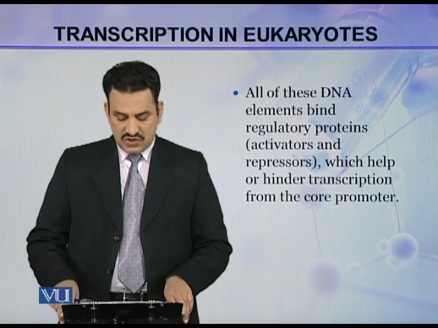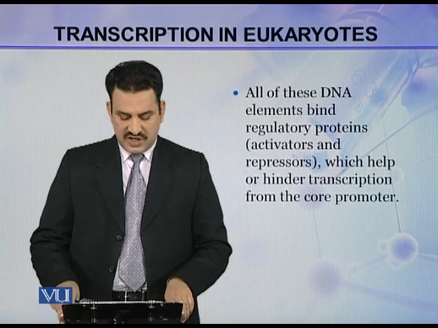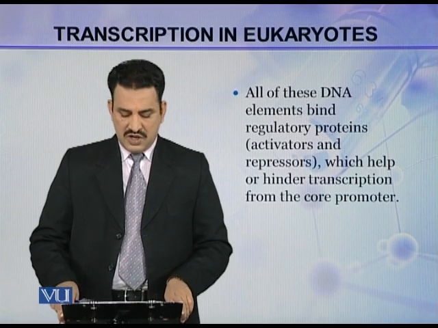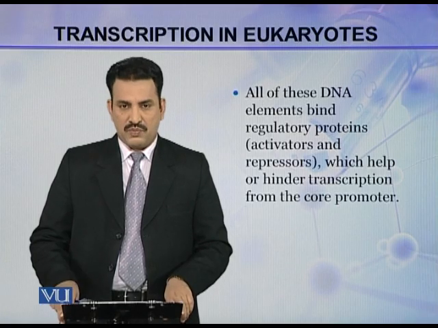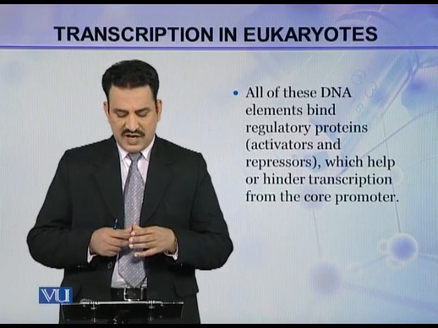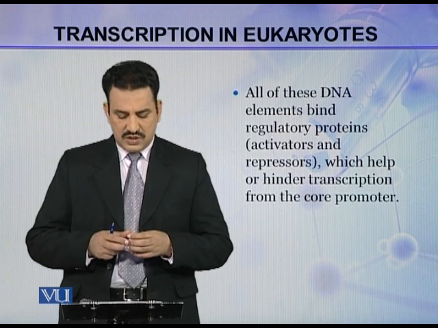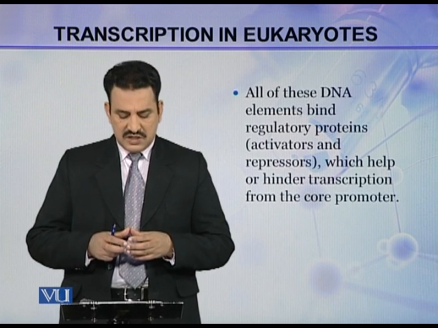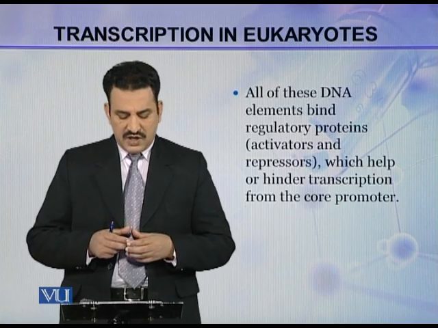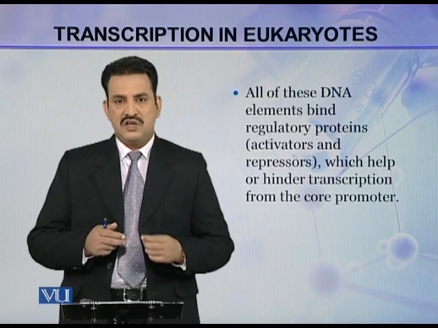All of these DNA elements bind regulatory proteins such as activators and repressors, which help or hinder transcription from the core promoter. So the transcription will start from the core promoter, and then these activators or repressors will bind with this complex. And if activators bind, transcription will take place, and if repressors bind, they will hinder the transcription.